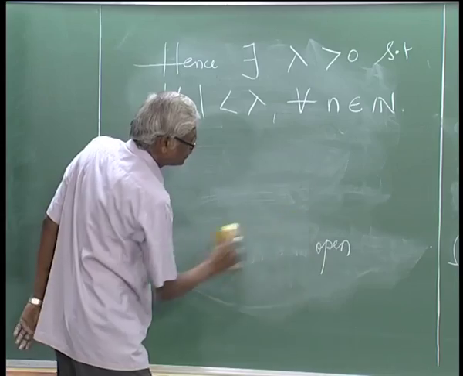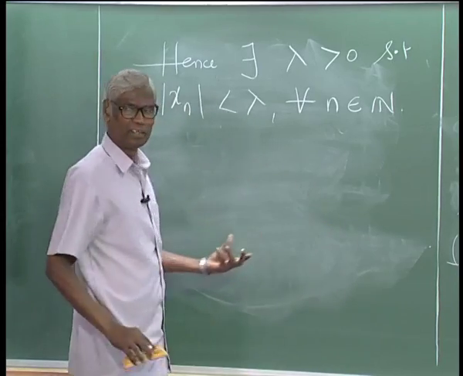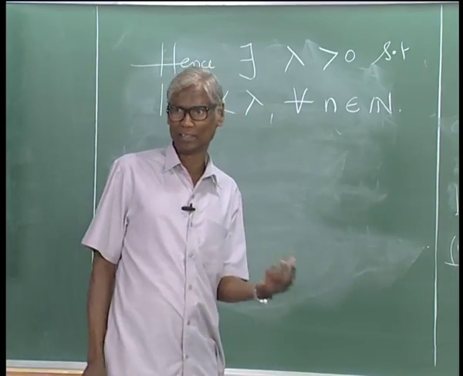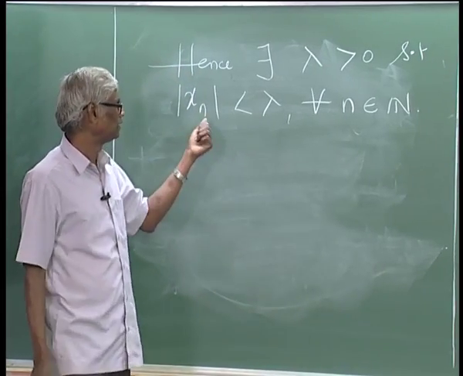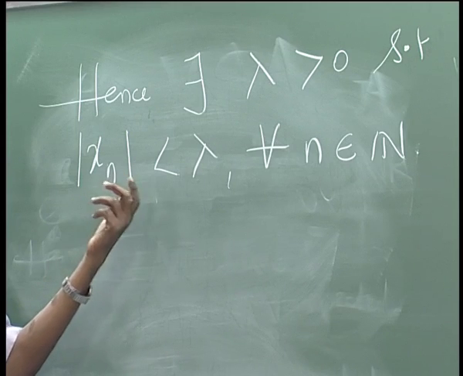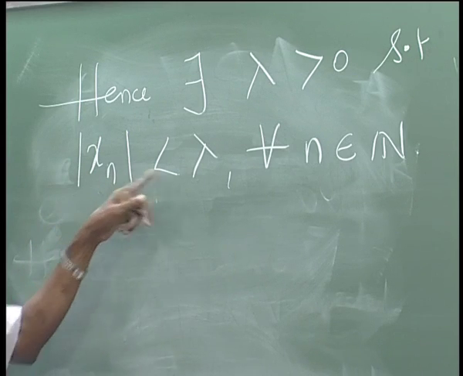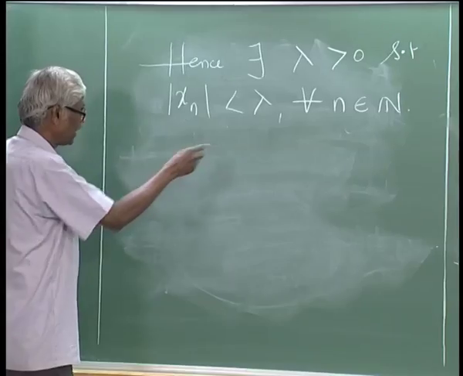Now x_n and a_n are closer. So this will prove that the sequence a_n is bounded, which will imply A will be bounded.